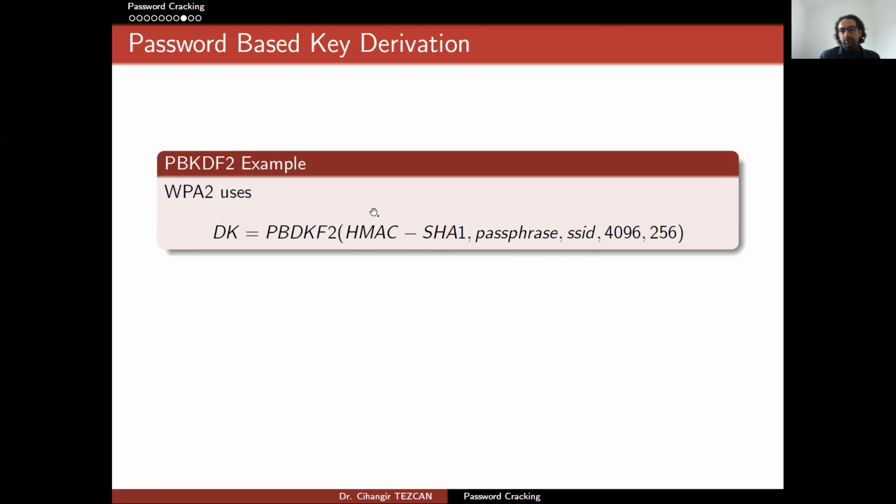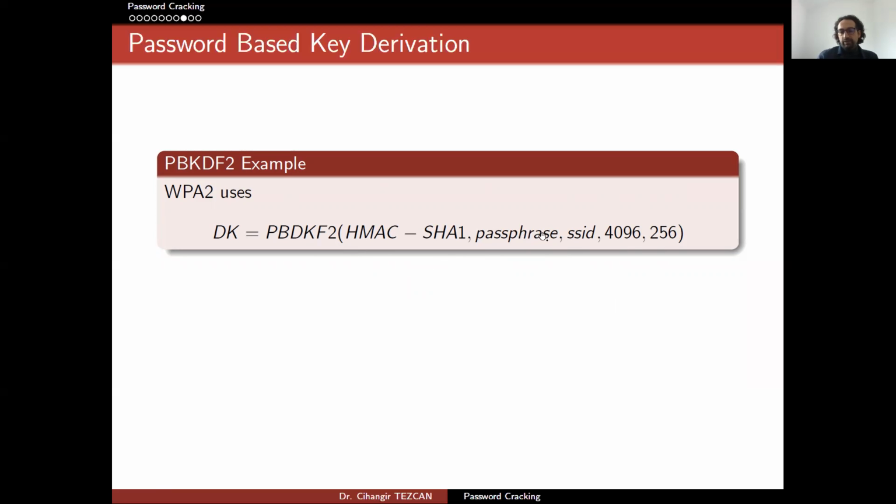How many times you are going to perform this HMAC operation is defined as 4096, which is actually 2 to the 12, right? Which is not that large a number actually. And your desired key length is 256 because you are going to use AES-256. So this is a concrete example where you use this password-based key derivation function.